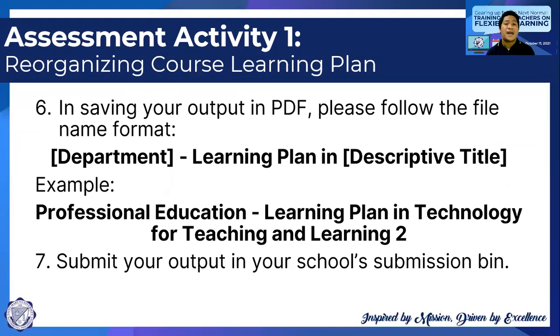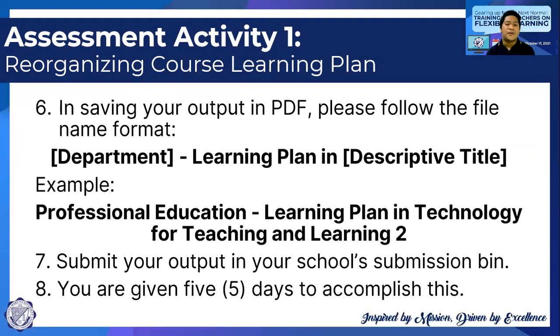So there will be 5 submission bins in the LMS, one for SAB, one for SIAIT, one for SHANS, one for STE, and one for SGS. You are given 5 days to accomplish this. So I think that will be enough time for you to make that learning plan. It's actually very easy because it's only one chapter expected from you or one unit expected from you. But if you wish to go beyond, you are very welcome to do so.